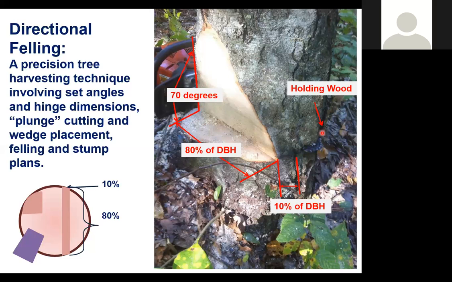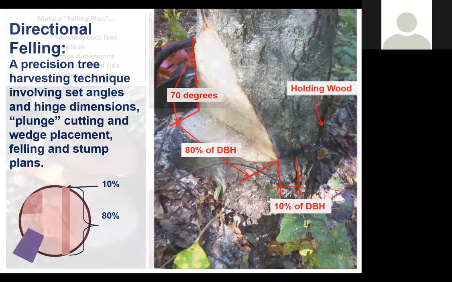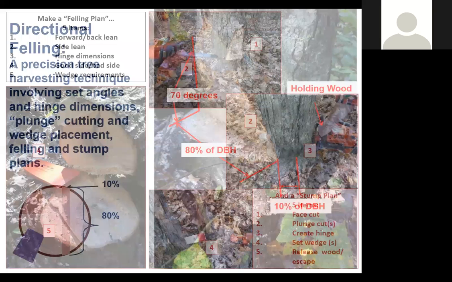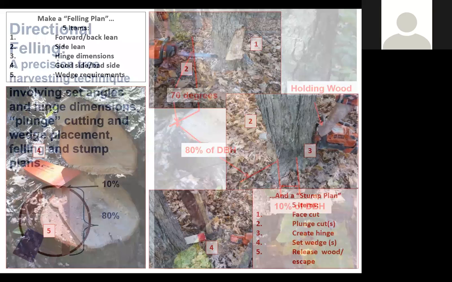That tree's not going to go anywhere until my hinge is properly made, at which point I can look up. I can set wedges if I need to, and finish the cut by cutting that holding wood. That whole process involves another 5 points of felling plan that you can learn.